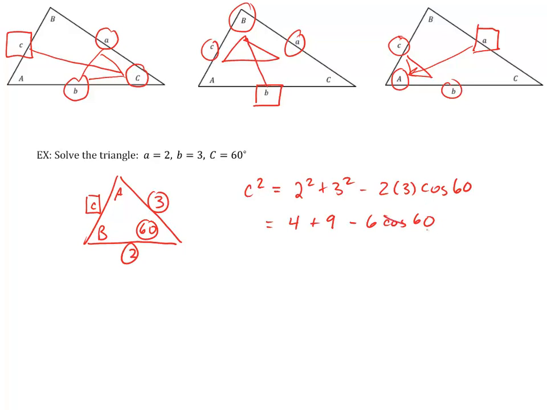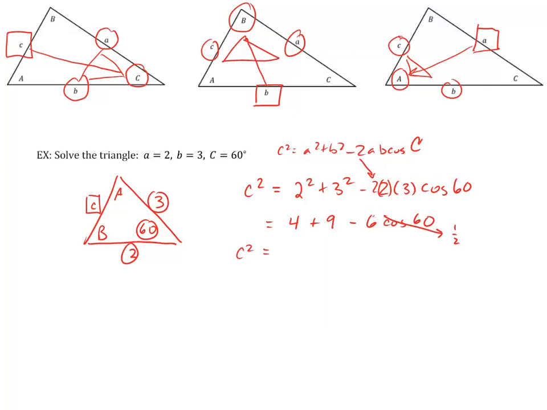We know cosine of 60 degrees is 1/2. Oh, and I left off a 2 here. I'm sorry. Remember, it's c squared is a squared plus b squared minus 2ab cosine of theta, or in our case, capital C. So I left off the 2 from right here.